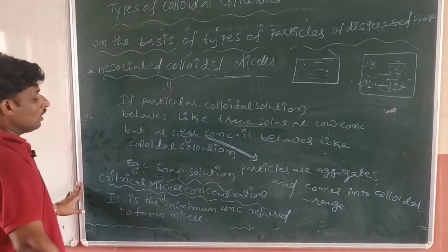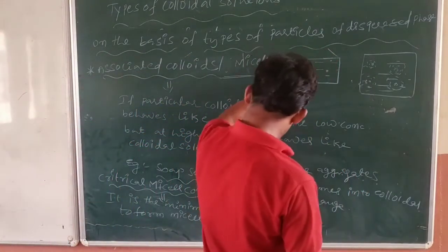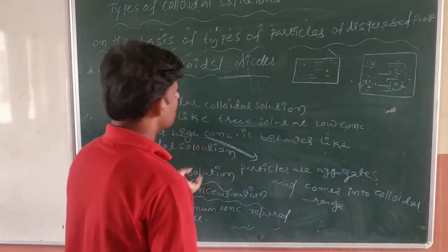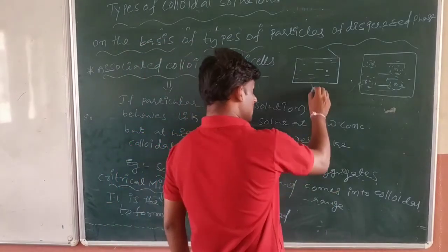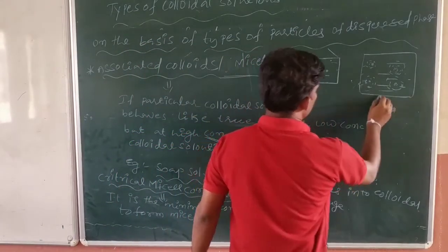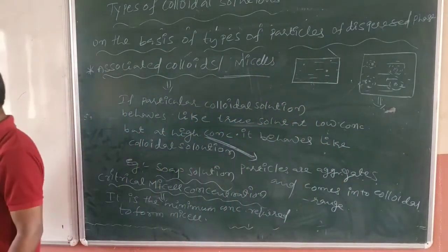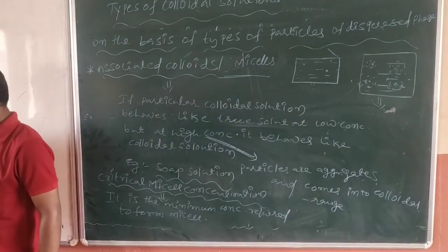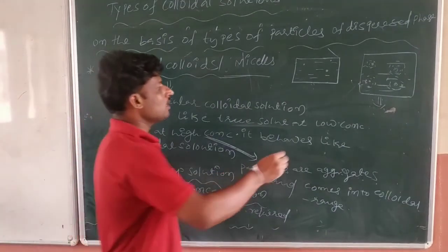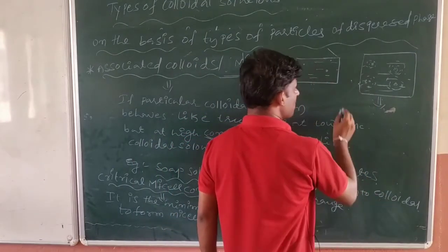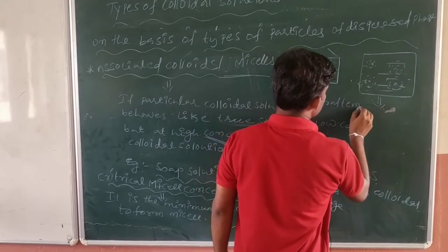But one thing: micelles form only at a particular temperature and a particular concentration, not at any concentration or any temperature. The temperature required to form the micelle is called the Kraft temperature, KT.